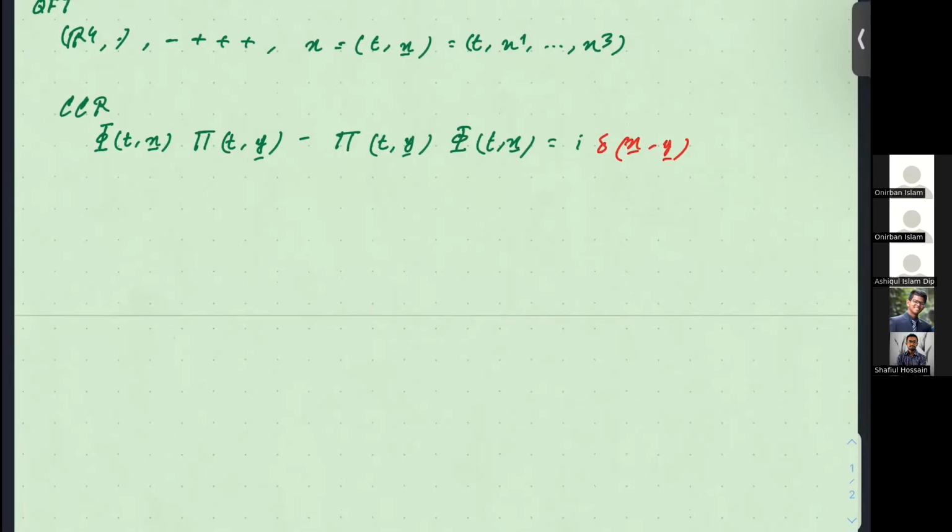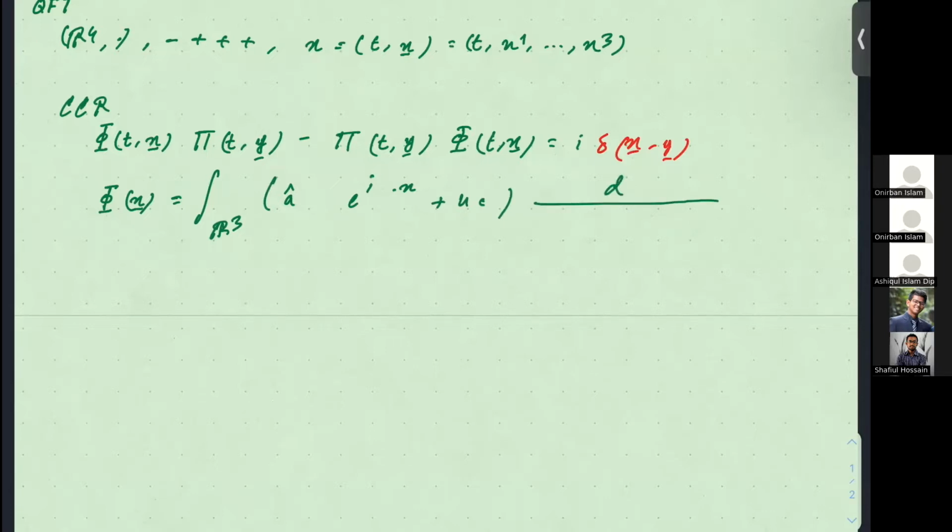And then from here, we can use Fourier transform. So we can write a quantum field in terms of Fourier modes in R3, where we use the creation and annihilation operators, plus the Hermitian conjugate, with a factor of 2 pi cubed and a square root.